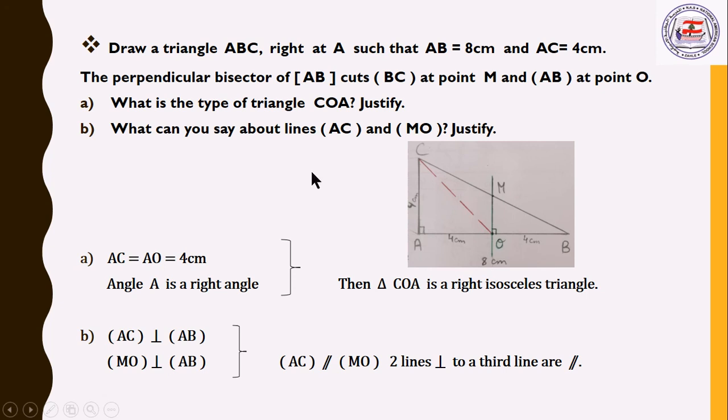MO is a perpendicular bisector, then it is perpendicular to AB. Now these two lines are perpendicular to the same line AB. Then they are parallel. AC is parallel to MO. Two lines perpendicular to a third line are parallel. Please copy all of these.